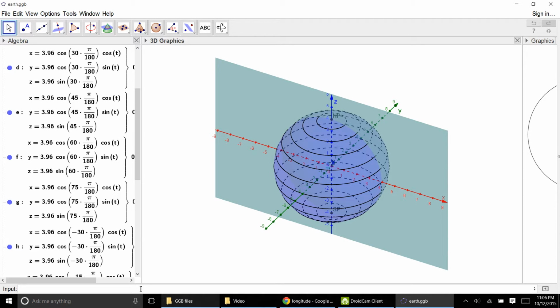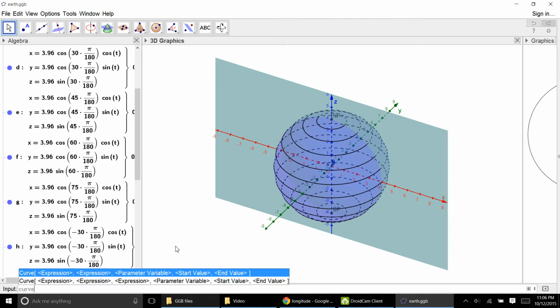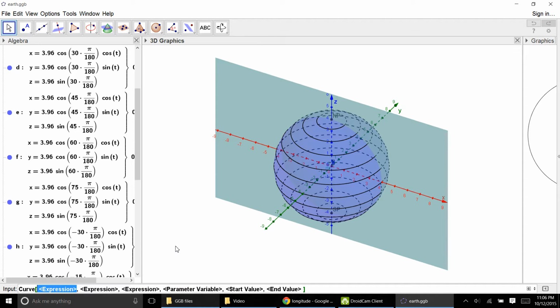So let's say that we're doing the curve. This is r cosine t, 0, and then r sine t, and t goes from 0 to 2 pi.